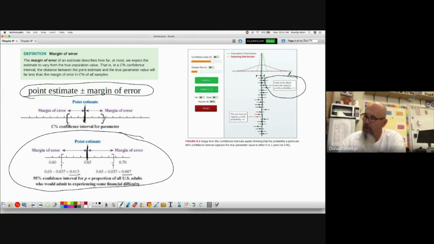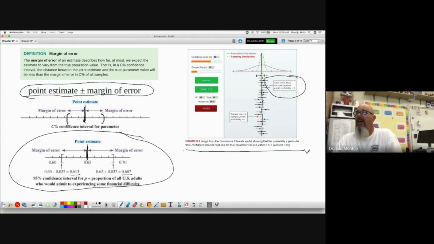As you can see, the probability for all these black ones is 1, because the true population parameter mu is inside each of these black intervals. The probability that it's inside the red one is 0. The red one did not capture the true population parameter. You can see that also listed down here.